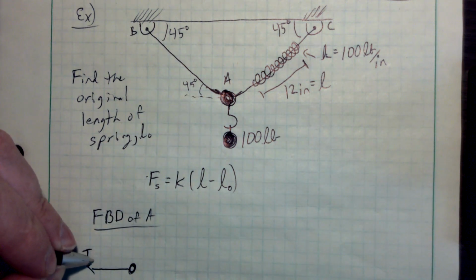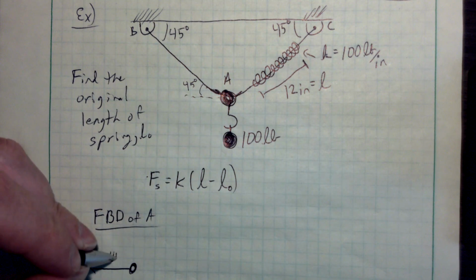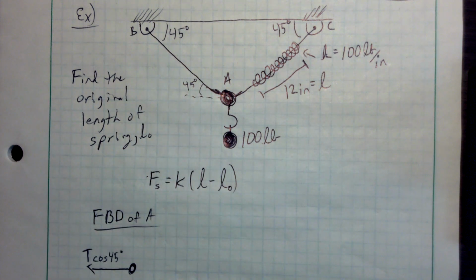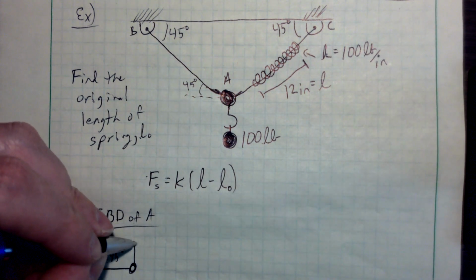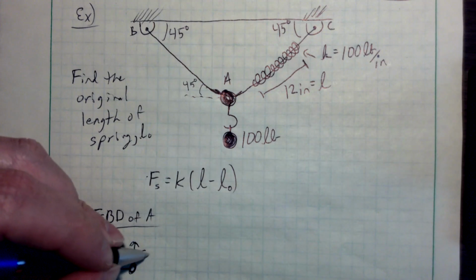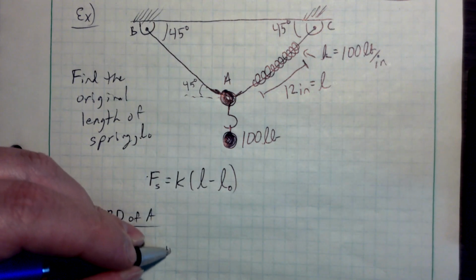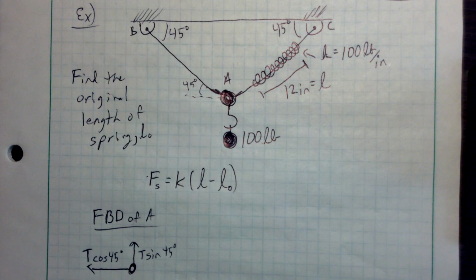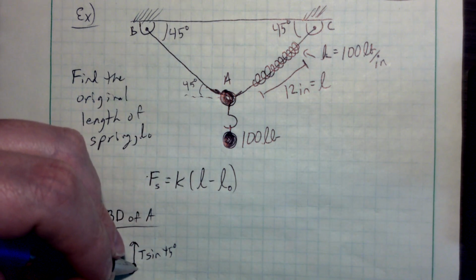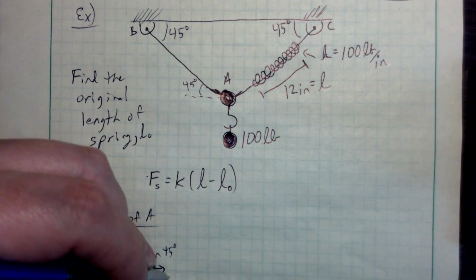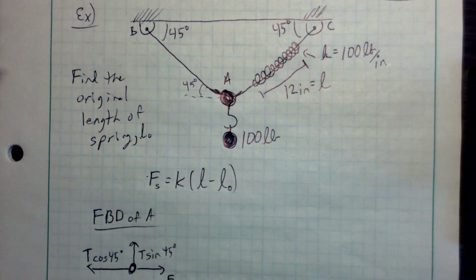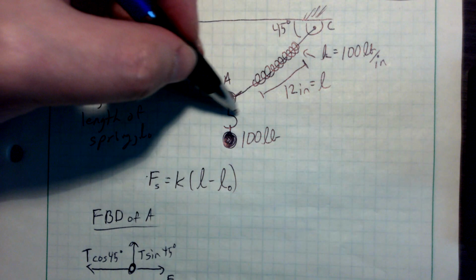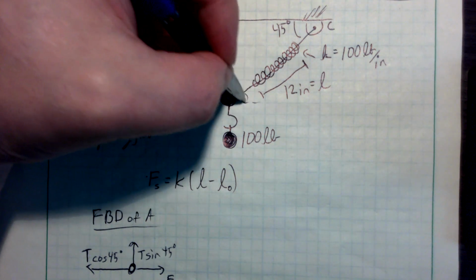It's just going to be tension times cosine 45 degrees. And then going up, I'm going to have tension sine 45 degrees. And then on this side, I've got force of the spring. And again, if this is 45 here, that means this is 45 there.